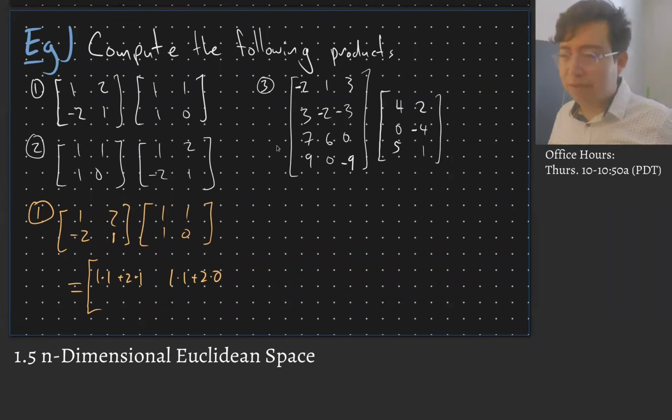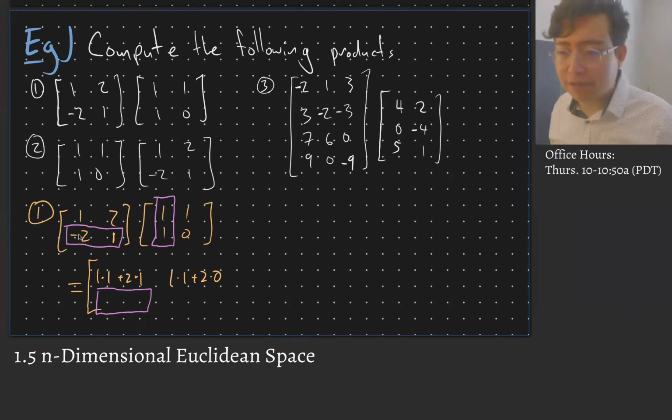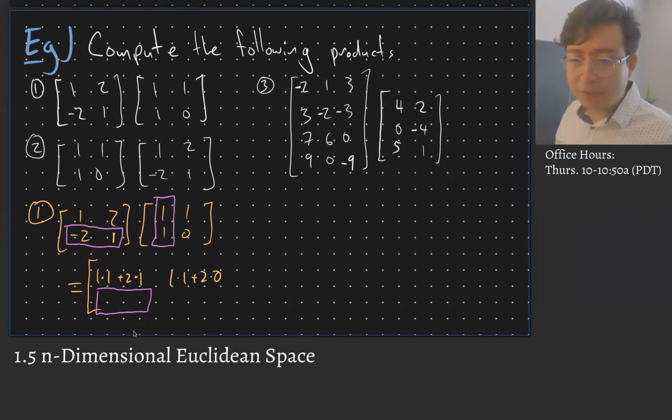Now for this one, let me highlight it specifically. I want to figure out what goes here. That's in the second row and first column. So I'm going to take those two highlighted, treating these as vectors, like -2, 1, and then 1, 1, and take their dot product.